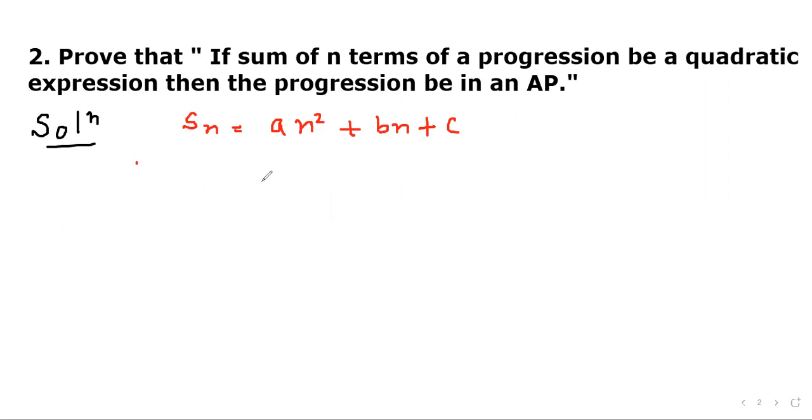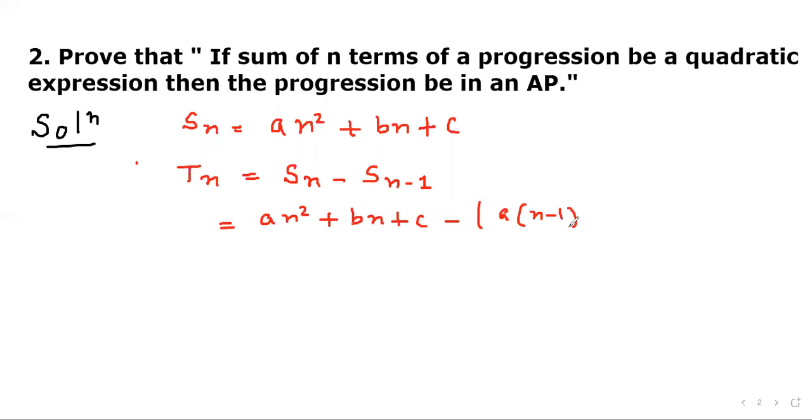Now we write the nth term Tn, that will be the difference Sn minus Sn minus 1. So we put the values: an square plus bn plus c reduced by a(n minus 1) square plus b(n minus 1) plus c.